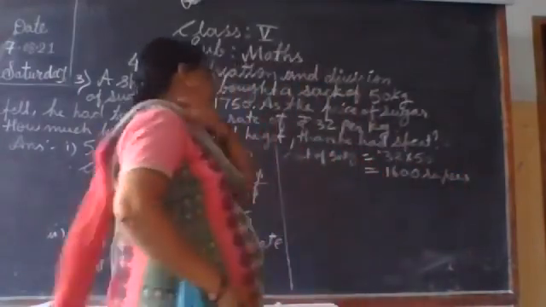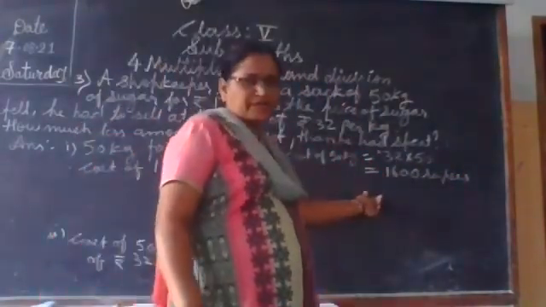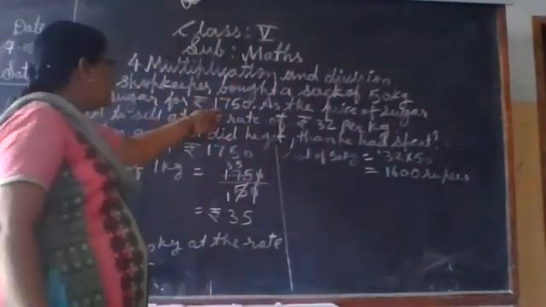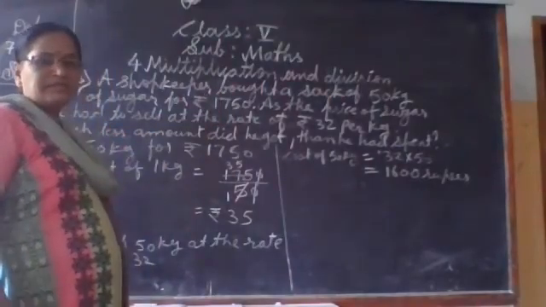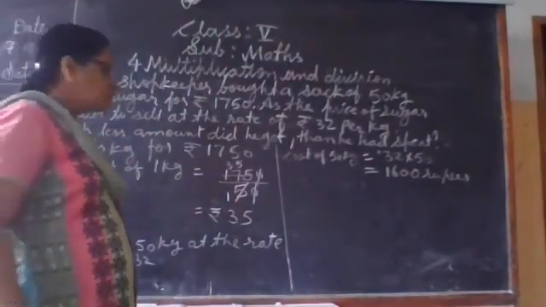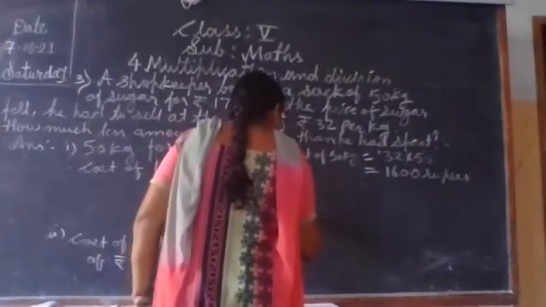So after selling it, he got 1,600 rupees, but he bought the sugar at 1,750.